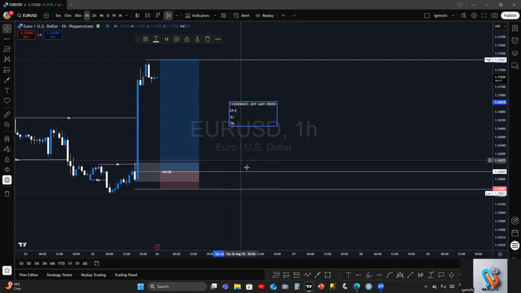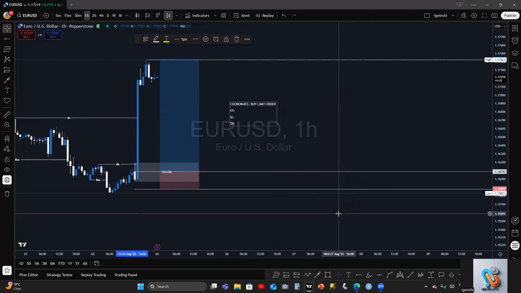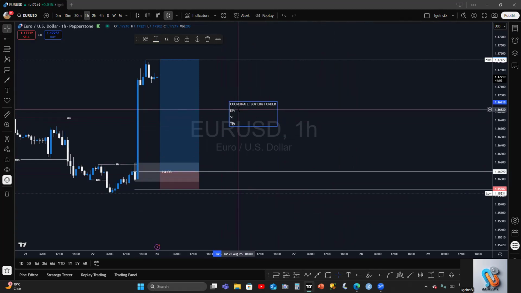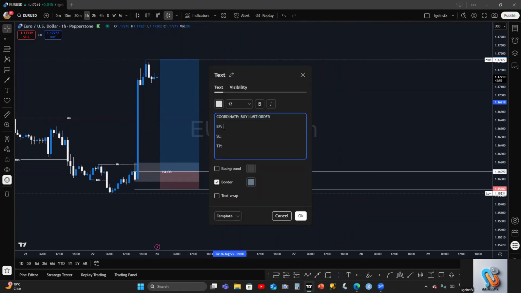So the entry level, the entry point is 1.16090. Then the SL is 1.15887.